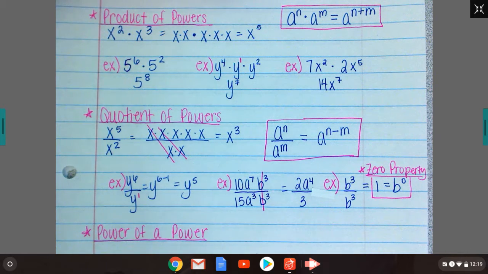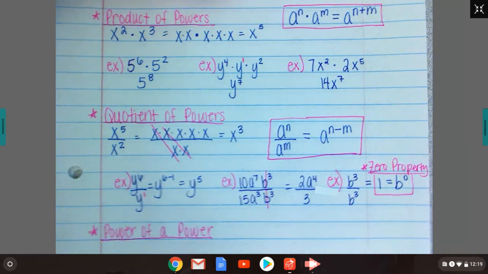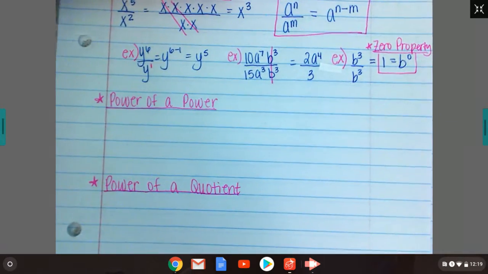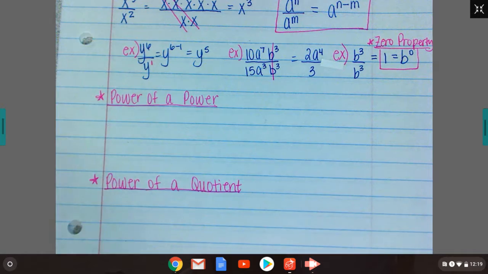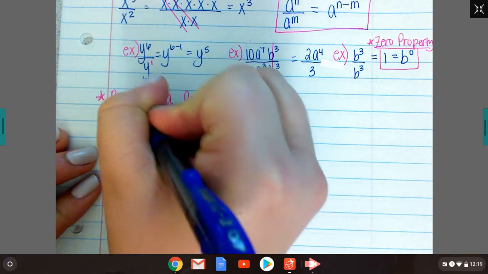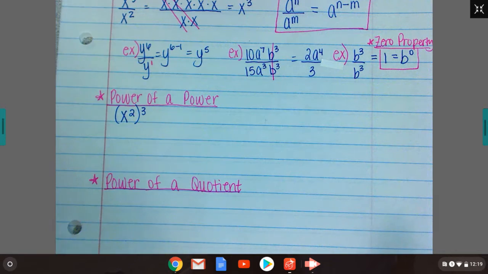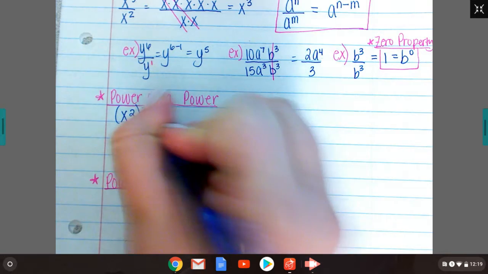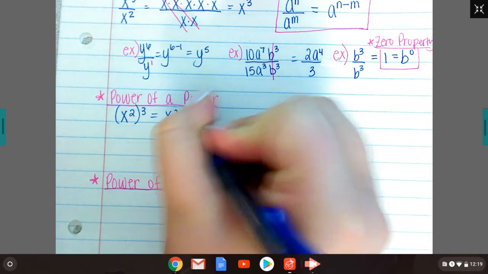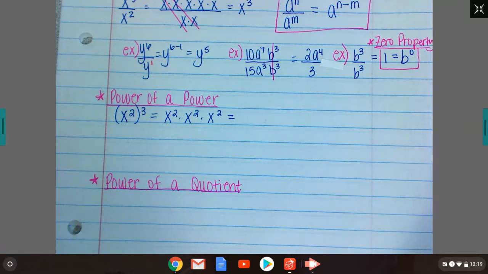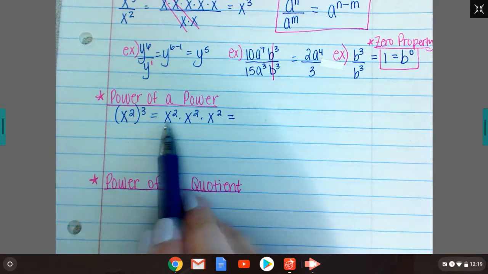All right, let's look at the next ones. Power of a power and power of a quotient. So power of a power, let's look at this example. x squared to the third. So if I was going to utilize that cubed on the outside, this would really be x squared times x squared times x squared. By product of powers rule, that means I add my exponent.